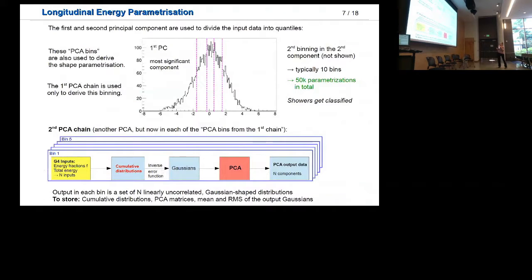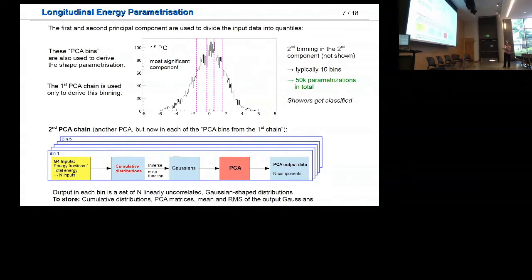Then we take the leading and the sub-leading principal components, these are the components with the highest variance, and we bin in these components, in this way classifying the showers based on their features. We are typically constructing 10 bins, and then we are talking about 50,000 parameterizations at this point.